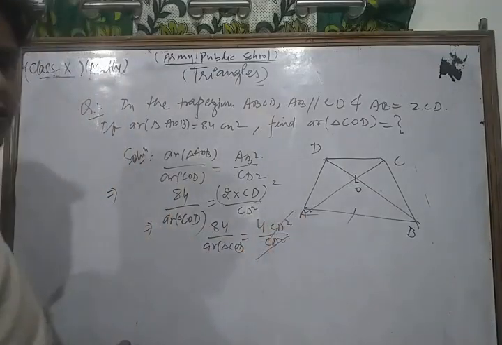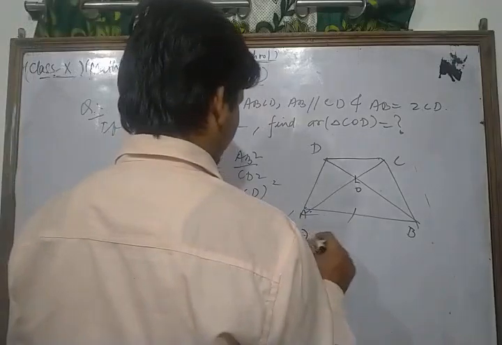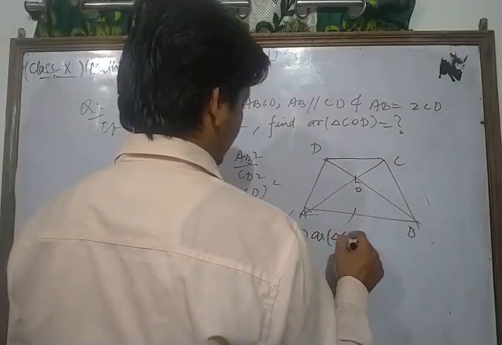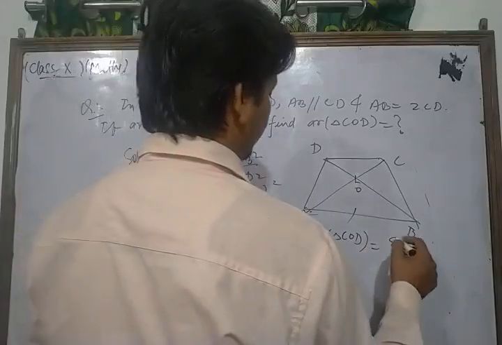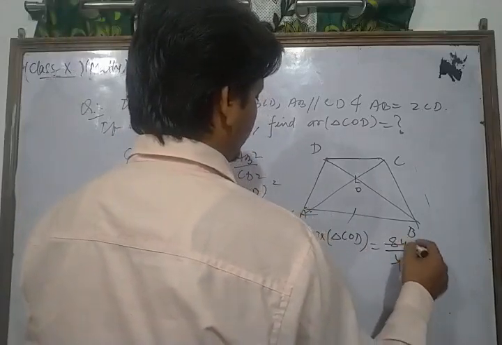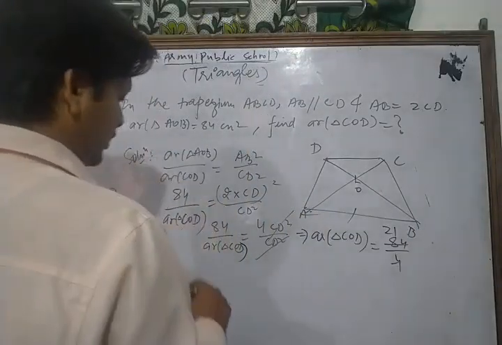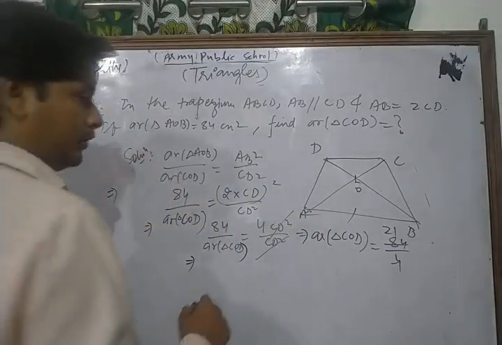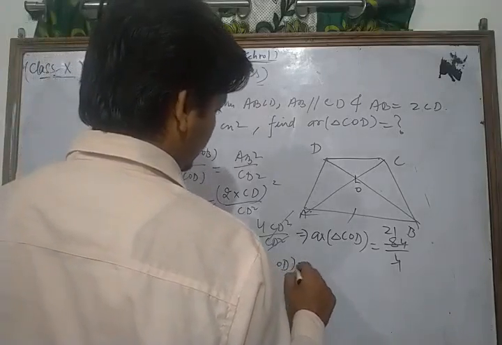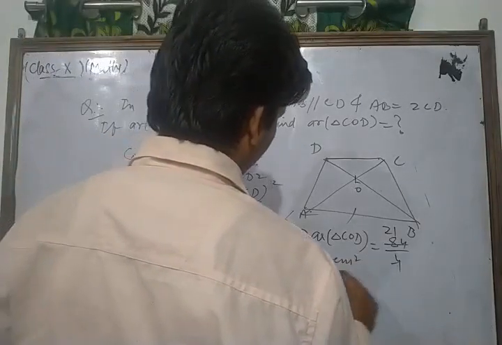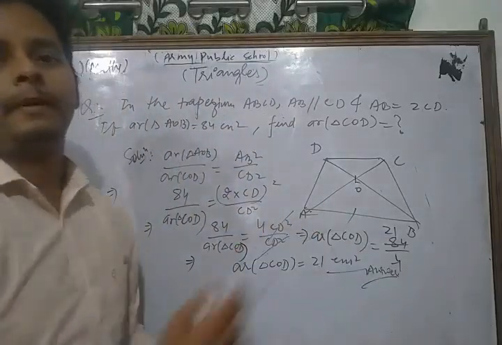CD square cancels. Now the area of triangle COD is equal to 84 upon 4, which is 21. Thus, dear students, the area of triangle COD is equal to 21 centimeter square. This is the required solution of the given question.